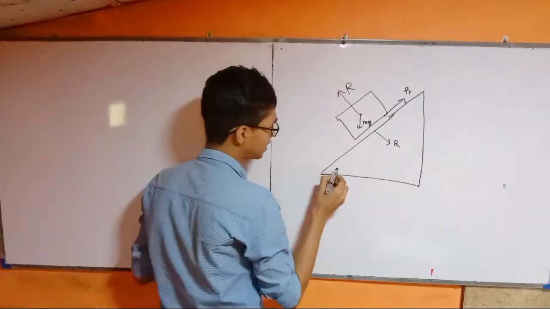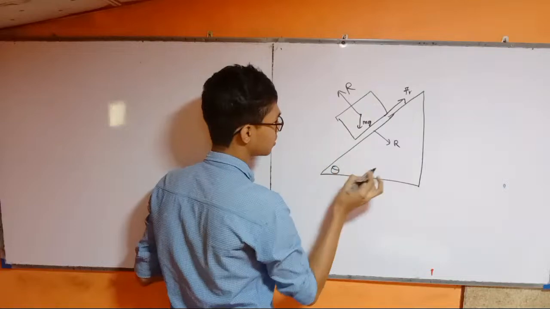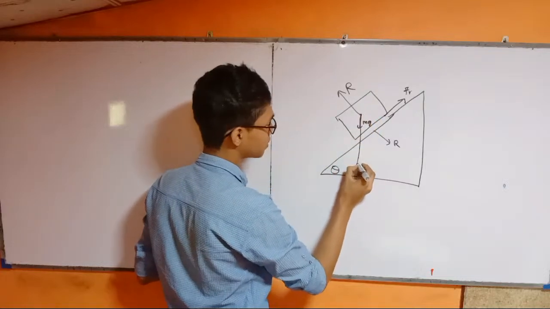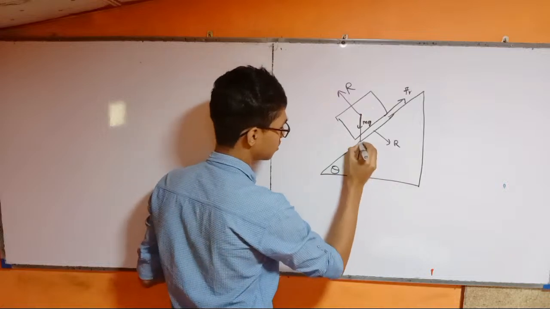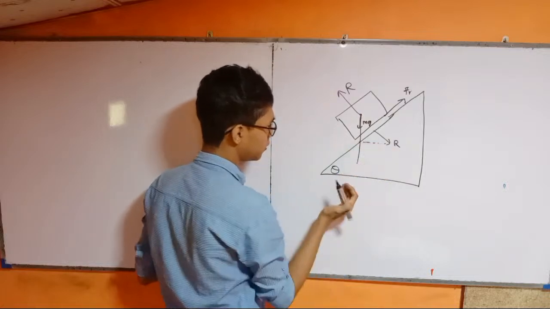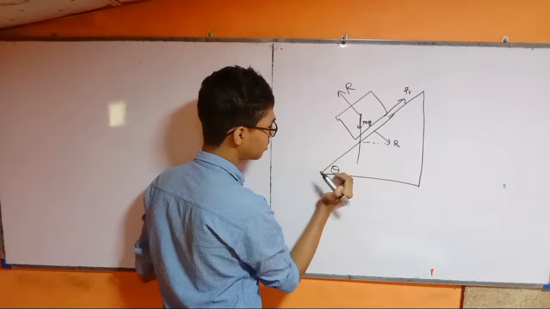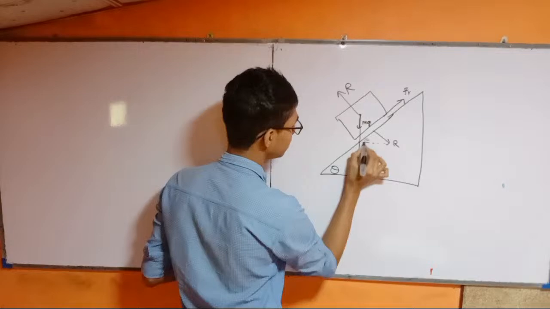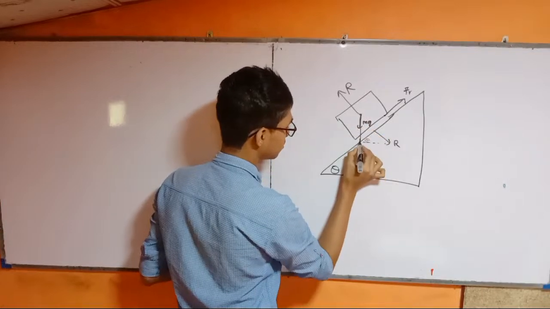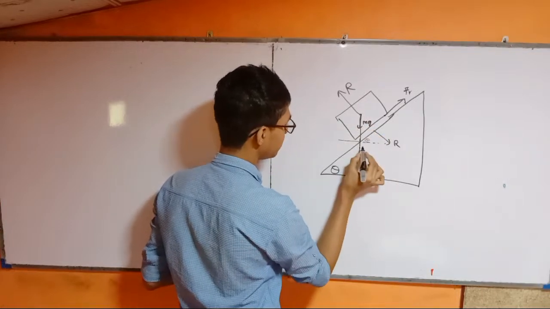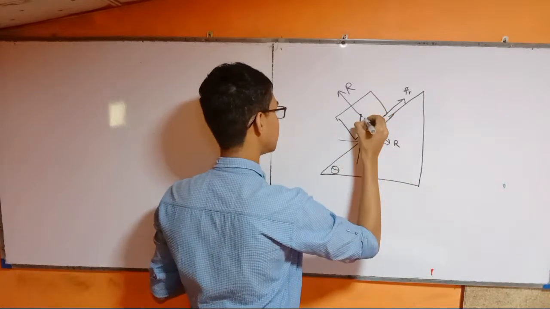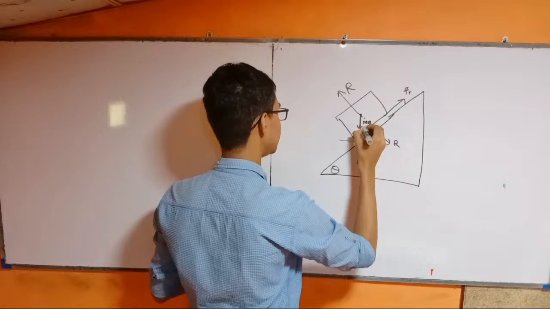Let's say this is theta. Then this one is going to come down. If this is theta, then this is going to be theta too, right?